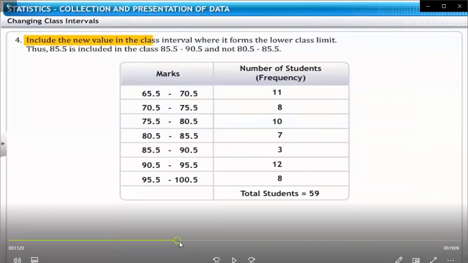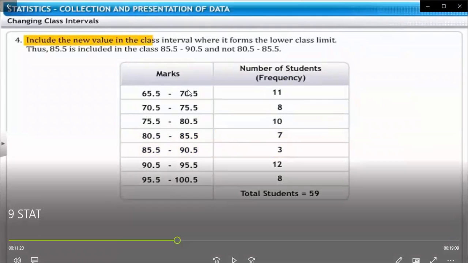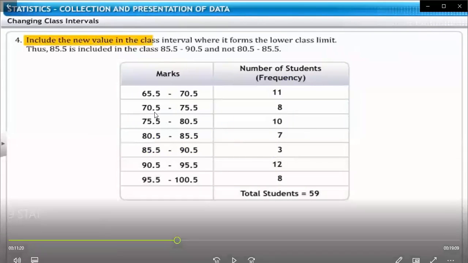Similarly, after changing the table, you can see that some values are coming two times. The lower limit of this class is the same as the upper limit of the other class. So if some student is scoring 70.5 marks, we will not include him in this class interval, but in the class interval that has its lower limit as 70.5.